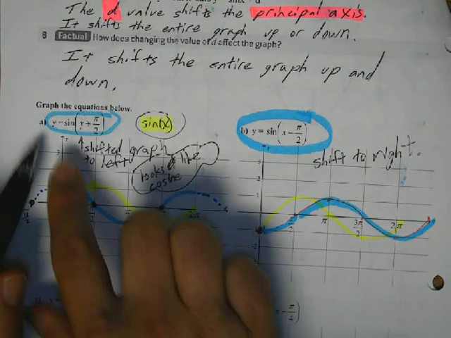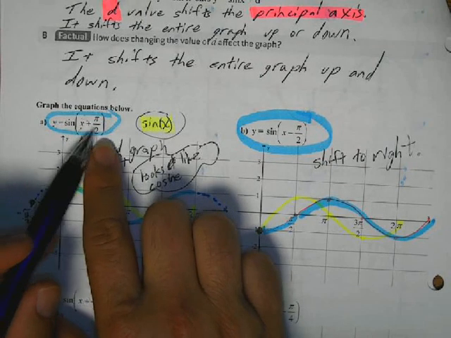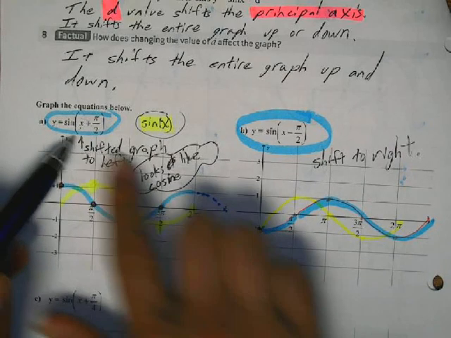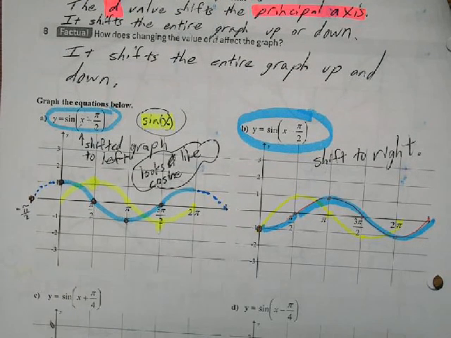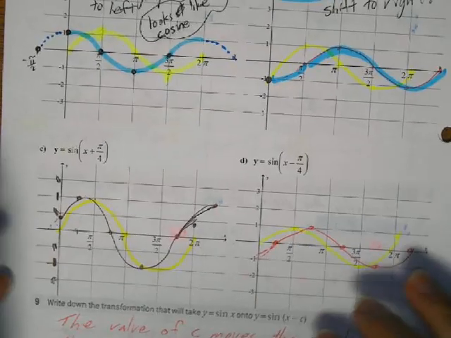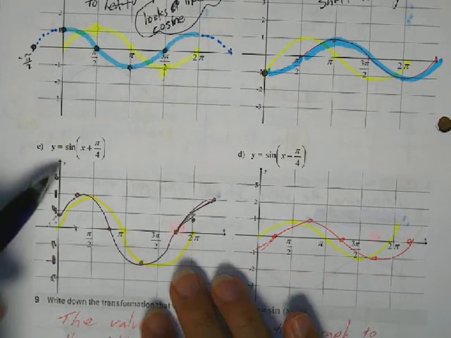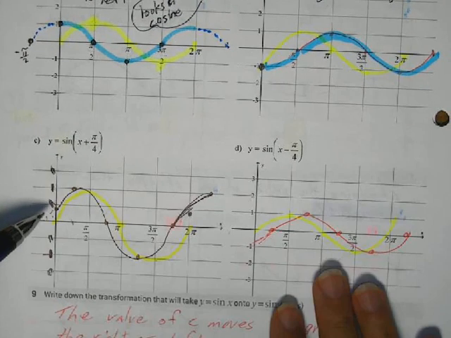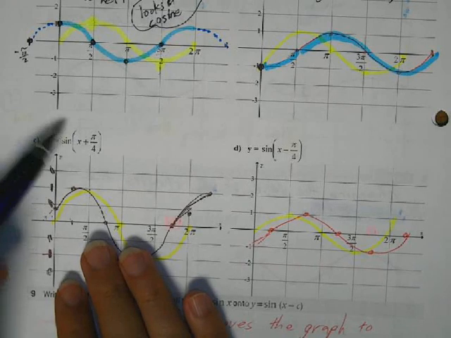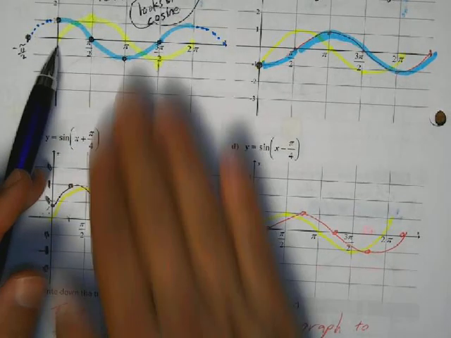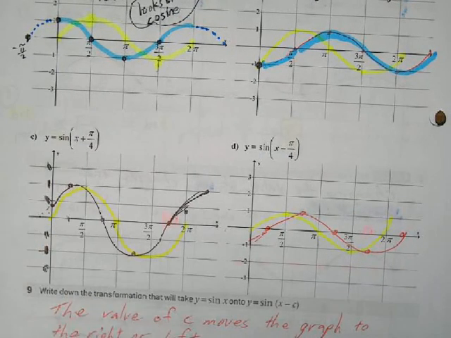So basically, sine of x plus pi over 2 can be converted to cosine x. Okay, so same thing. This shifted to the left, this shifted to the right, but instead of a whole quadrant, it's just moving pi over 4.